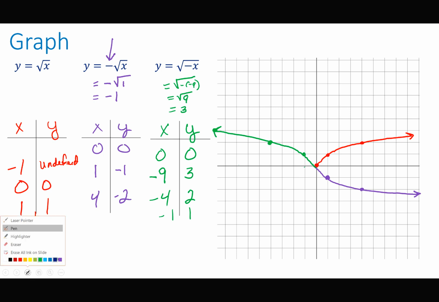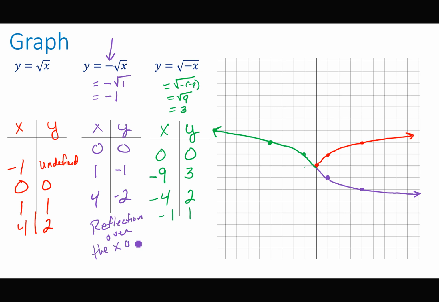So we can see from the middle column that this was a reflection over the x-axis when that negative is attached. So if my input is being changed, that actually reflects over the y.